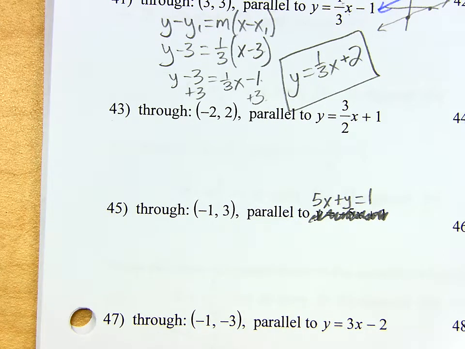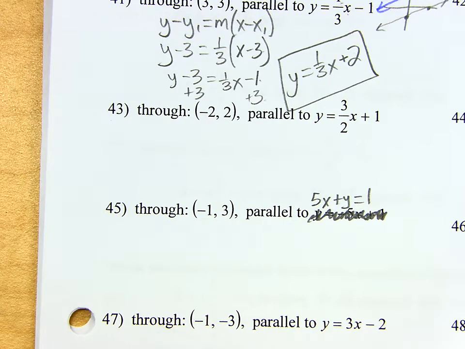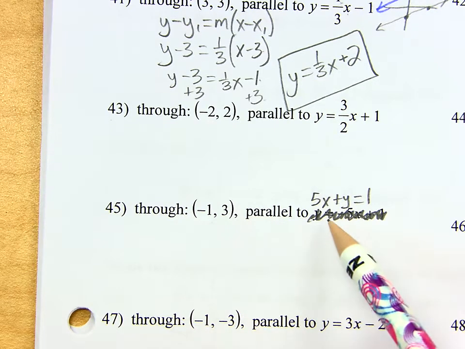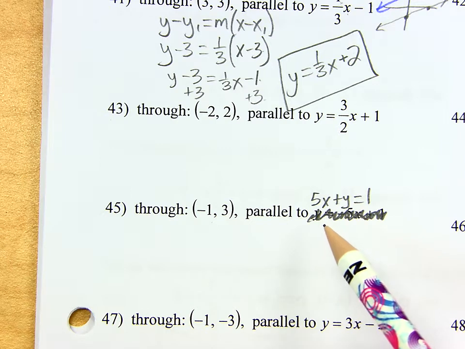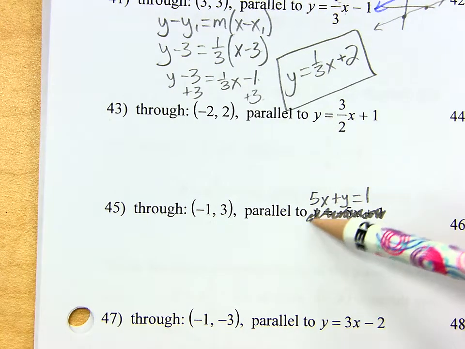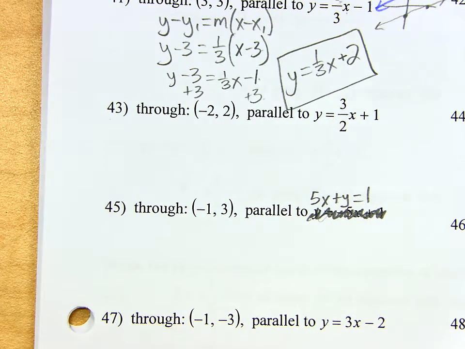They won't always be as easy as this sheet gave you. Okay, so let's try this one. Same idea. I have a point. I just need to figure out what the slope is that I want. I didn't want you to pretend that you never even saw that one. Pretend it was never there.